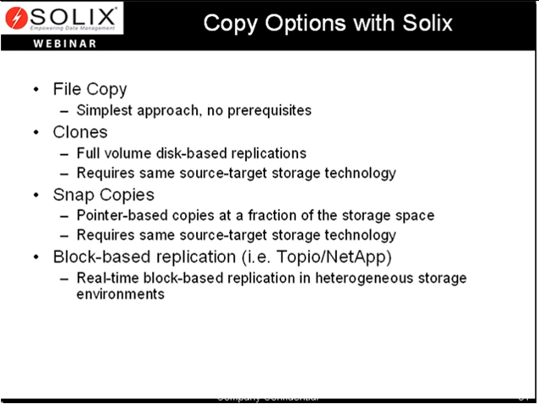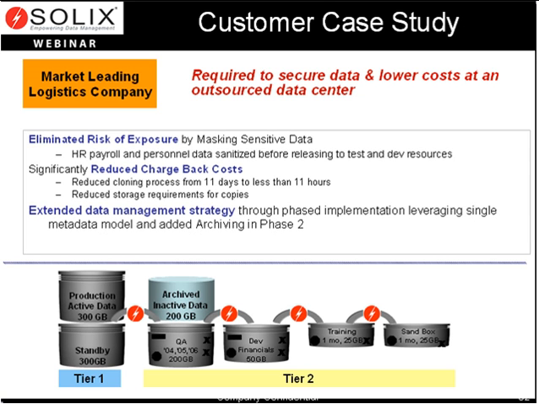One of our recent customers was required to secure test data and lower their costs at an outsourced data center. By combining the data masking and the instance subsetting solutions from Solix, they were able to eliminate risk of exposure by masking sensitive data such as HR, payroll, and personnel data before releasing the clones to their test and development resources.